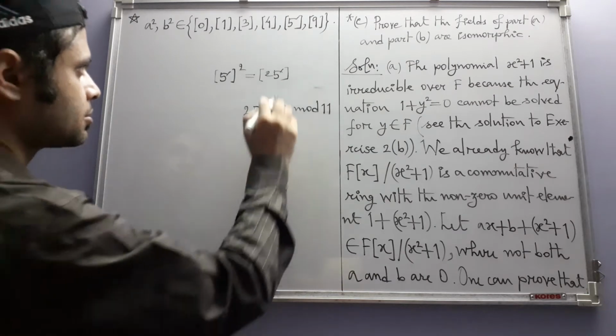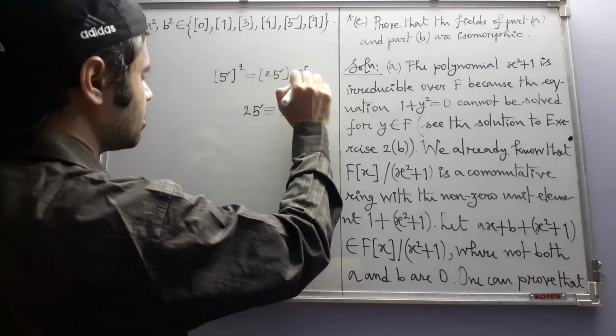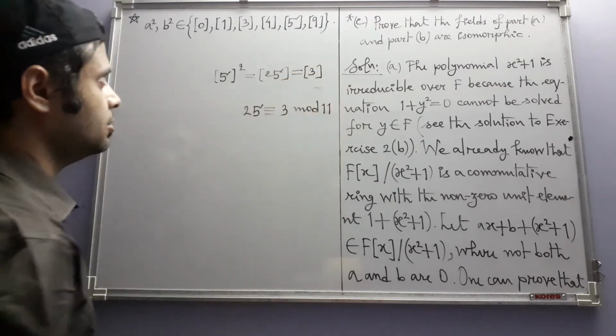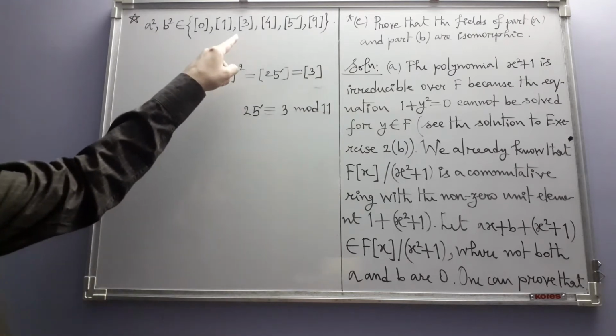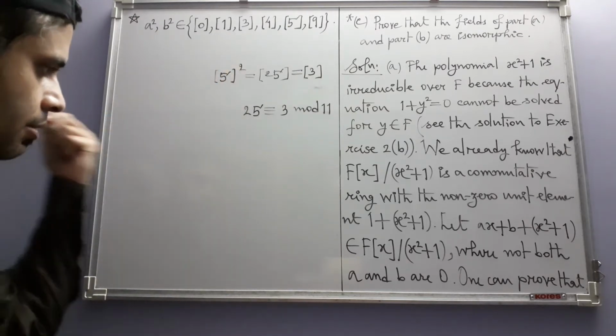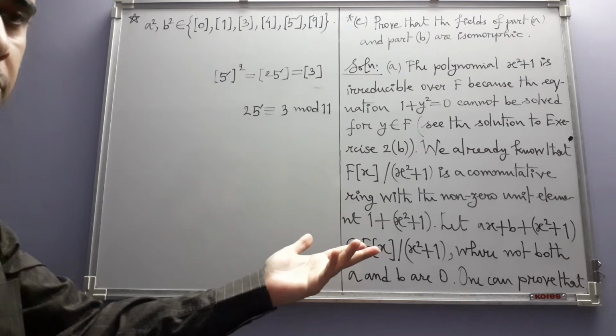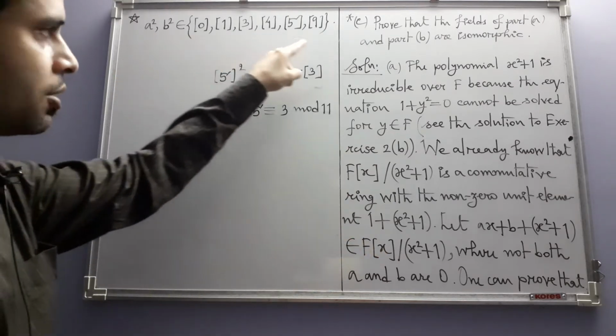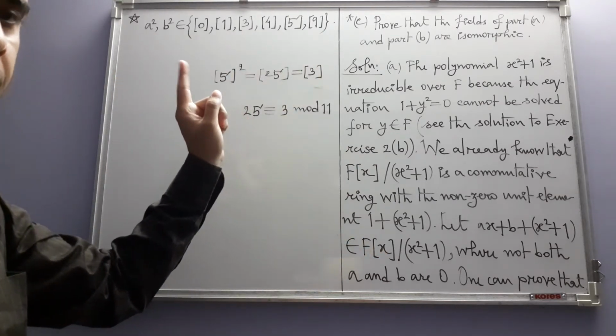So that means this is equal to the congruence class 3. So that's how we have 3 here. Like that, if you consider all the possible squares, you will see that the squares belong to this set. Okay.